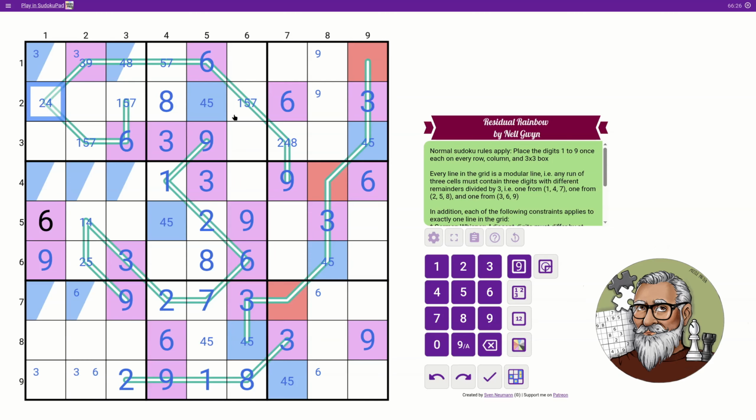Okay. I don't think that's a problem. If that's not 8, we still don't know anything, do we? 2, 4 are, of course they are, from different sets.